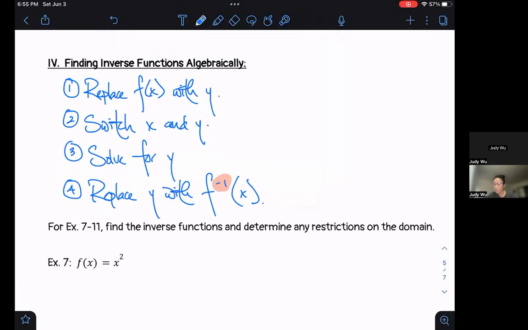So the switching the x's and y's, that goes back to that idea from the numbers. If we switch the x and y's in the coordinates, we're going to get the inverse function. Okay, solving for y just makes it a little bit nicer so that we can get a y equals at the end, and then we can say, oh, my inverse function equals this.